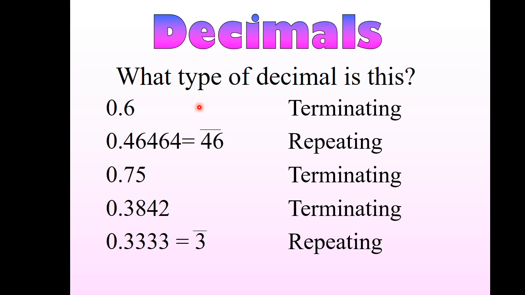It will go on forever and ever. So instead of writing 3 forever, you simply say 0.3 and put a bar on top. That will specify that the 3 is going to repeat forever and ever. So that's the main difference between repeating and terminating. Terminating always ends.